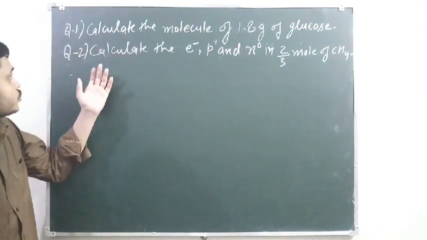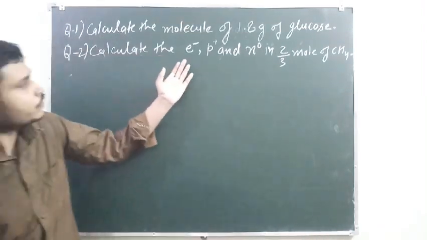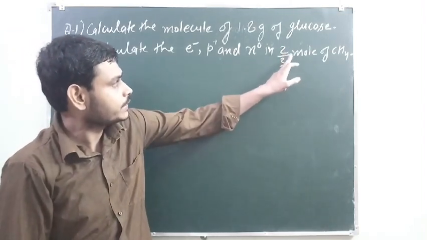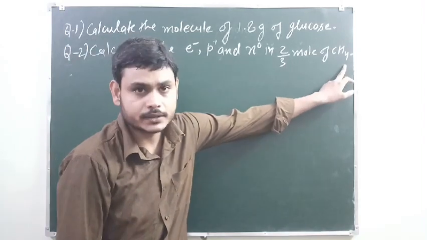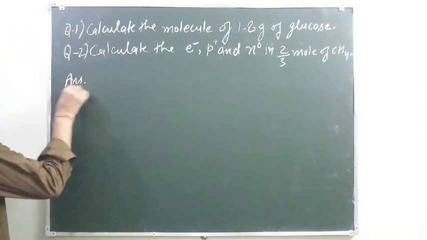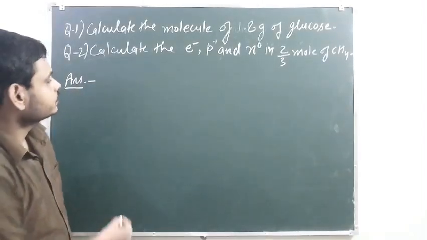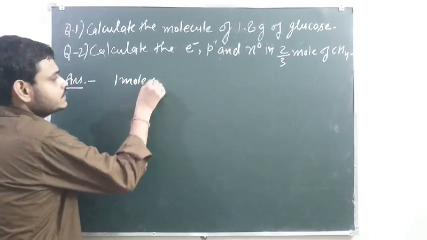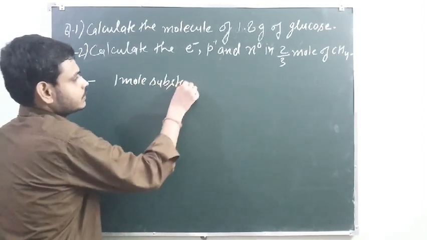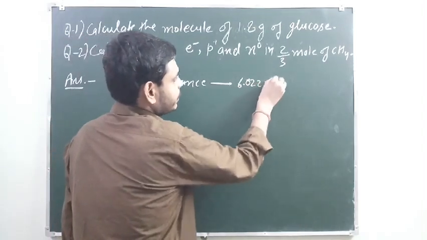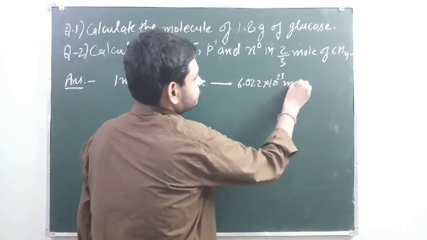Now, the second question is, calculate the electrons, protons and neutrons in 2 by 3 mole of CH4, that is methane. Answer second. We know that 1 mole of any substance contains 6.022 into 10 to the power 23 molecules.